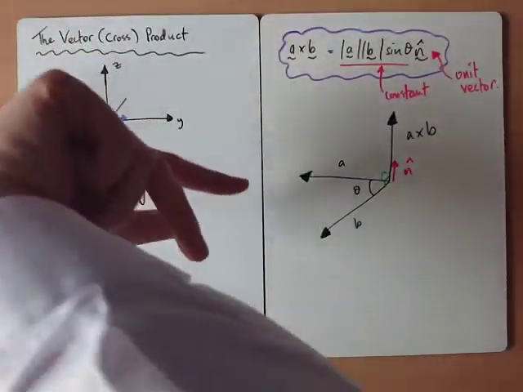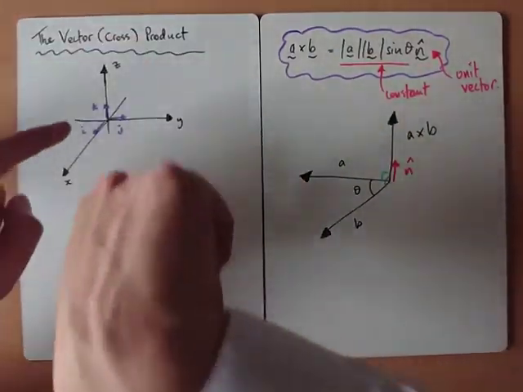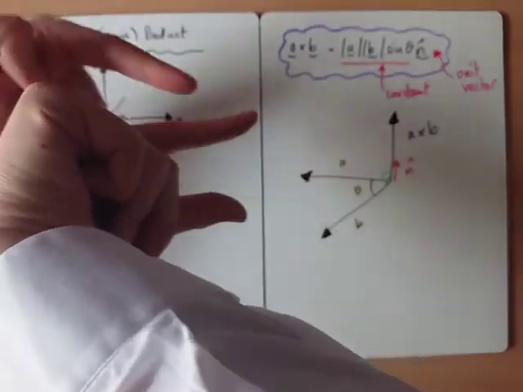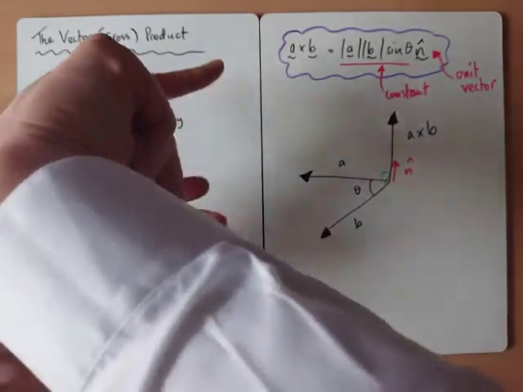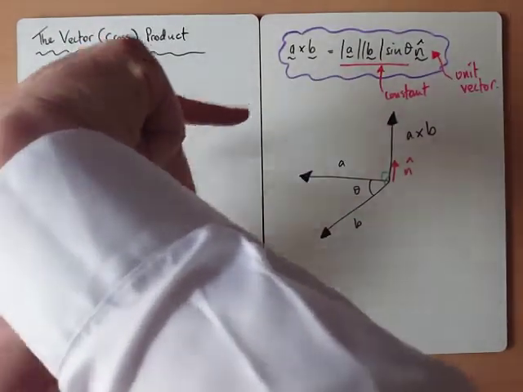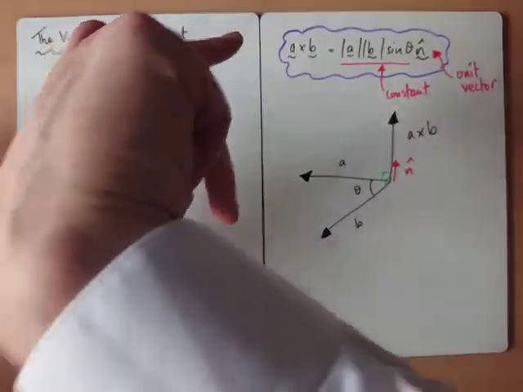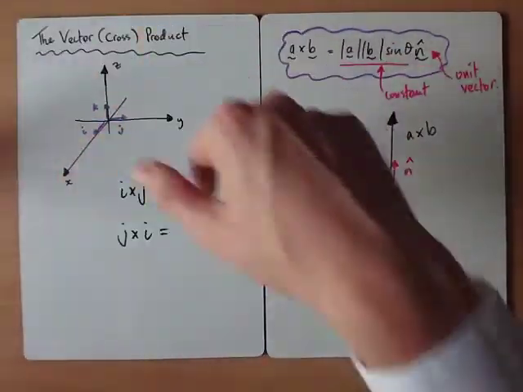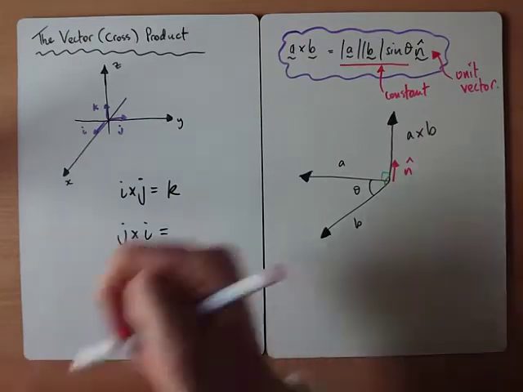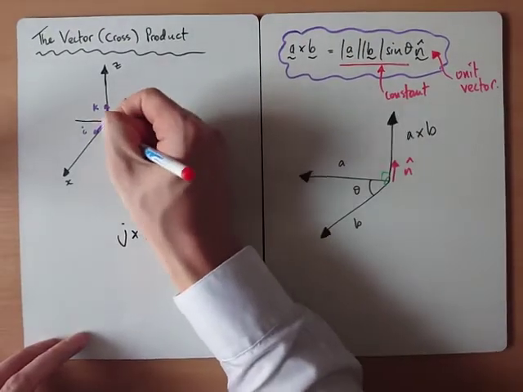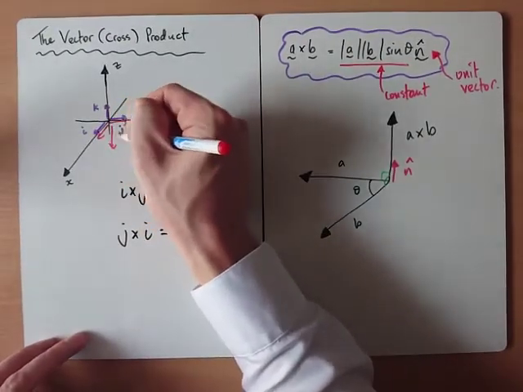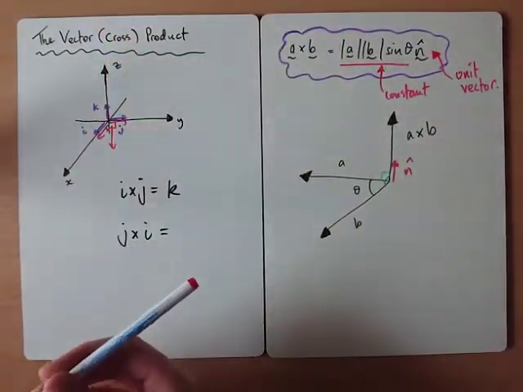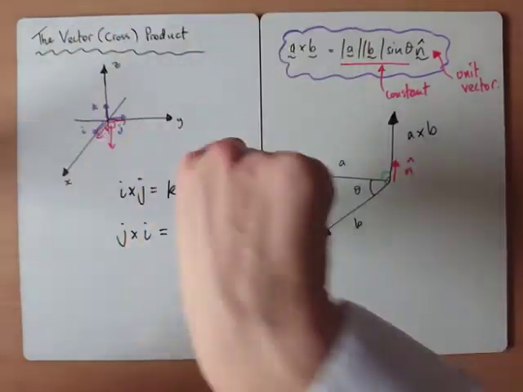I really don't think I'm going to be able to do this on the camera, but if your index finger is going in the direction of j, and then i is your middle finger, you'll notice that your thumb is pointing in the opposite direction. The result would still be perpendicular to them both, but it would be pointing down that way. If you move your fingers around, your thumb points down.